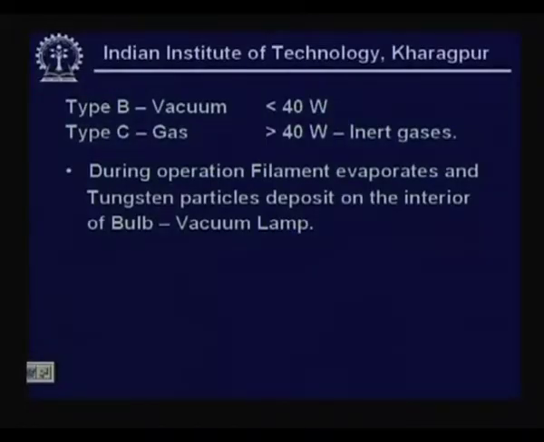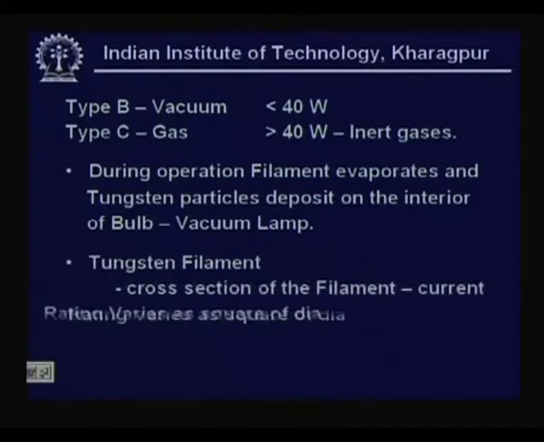The inert gas choice depends on the ionization potentials, and it has been found that argon and nitrogen in a mixture of 85 to 15 is suitable. As already told, during operation the filament evaporates and the tungsten particles deposit on the interior of the bulb, in the case of a vacuum lamp.